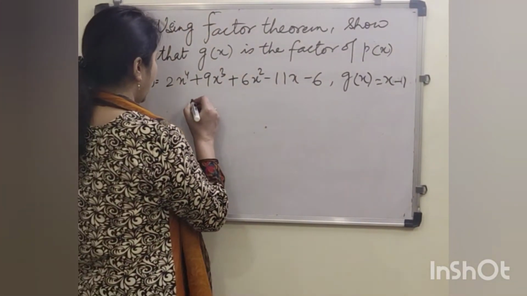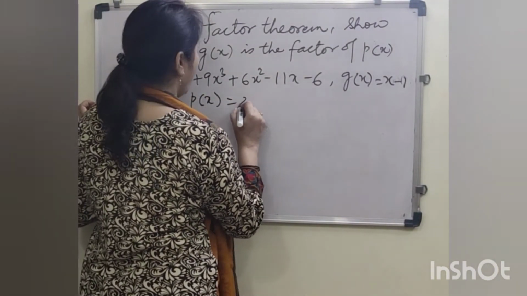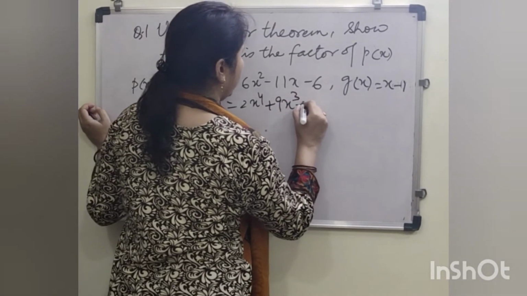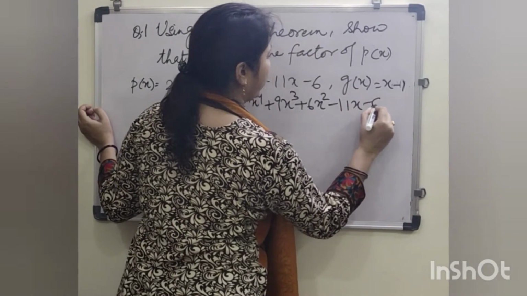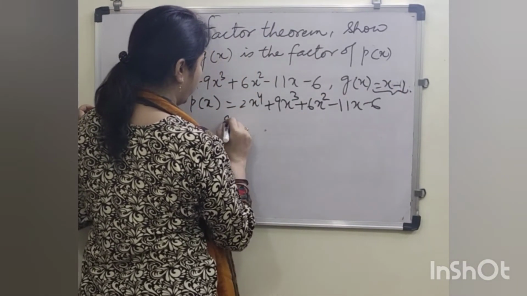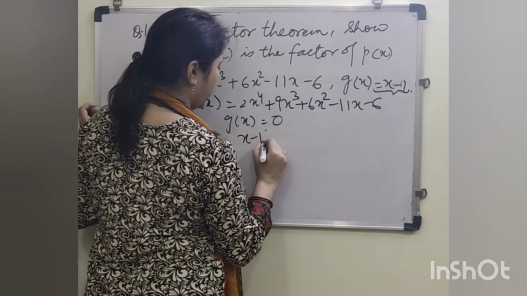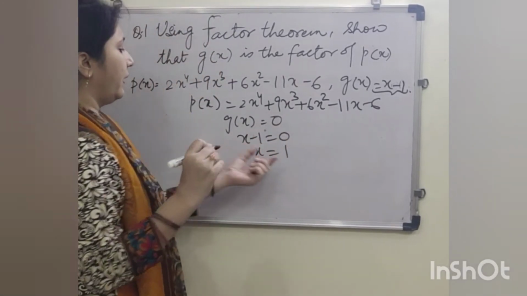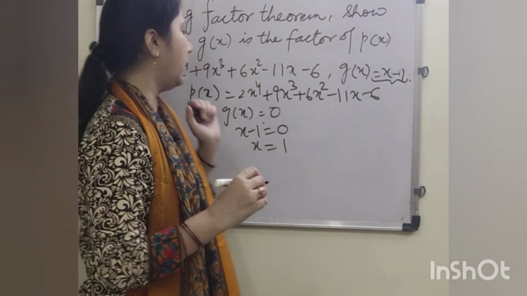We take our polynomial p(x) as 2x to the power 4 plus 9x cube plus 6x square minus 11x minus 6, and g(x) is x minus 1. We take g(x) as 0, that means x minus 1 is equal to 0, and obtain the value of x as 1.